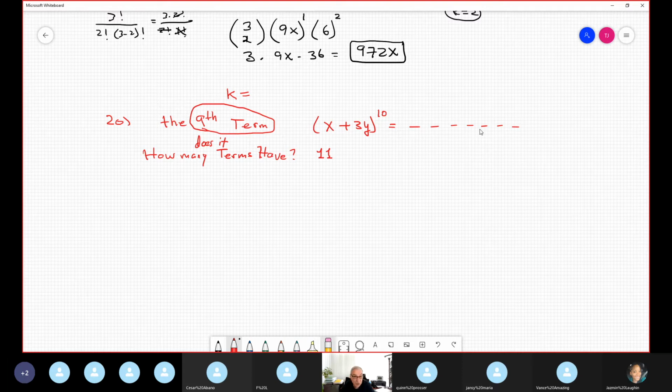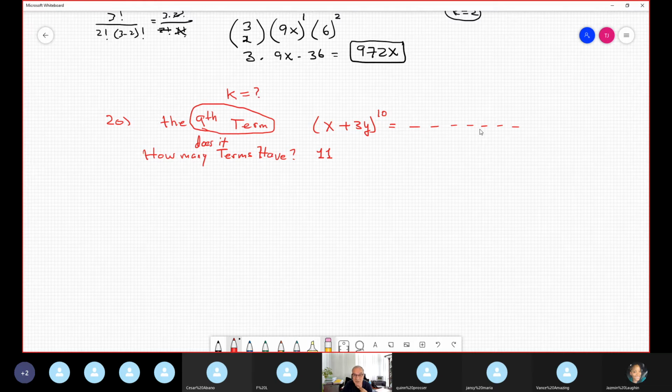Let me repeat the question. The question is, I need to find the term located in the position 9. What is the k value associated with this?